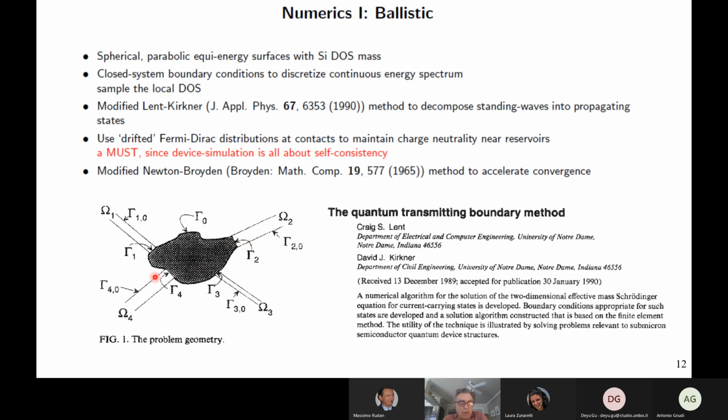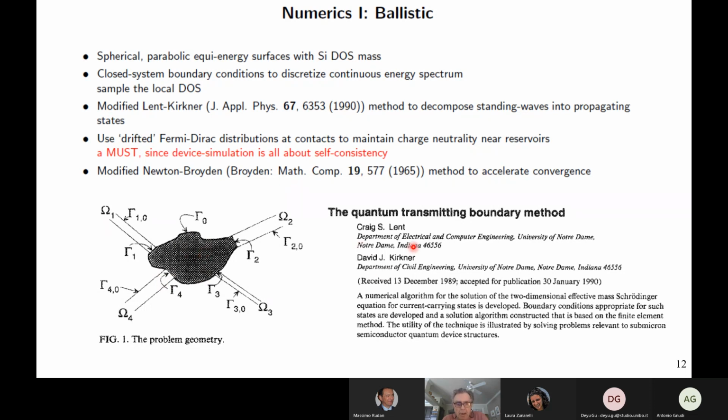And you do this in turn for every contact. Given some boundary conditions that you assign here, say Fermi-Dirac equilibrium distribution at a given chemical potential or Fermi level that you have in this lead, which is the applied bias, you can solve the general problem here, ballistic.